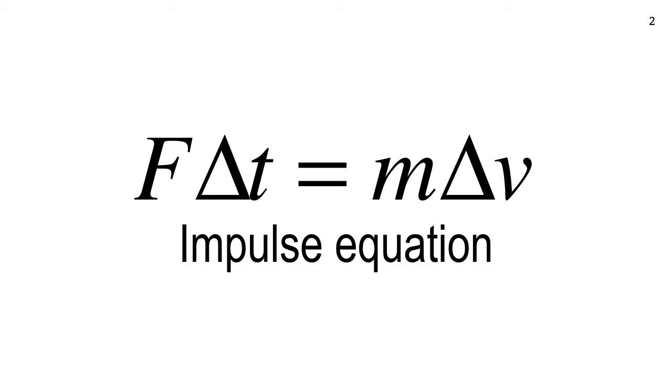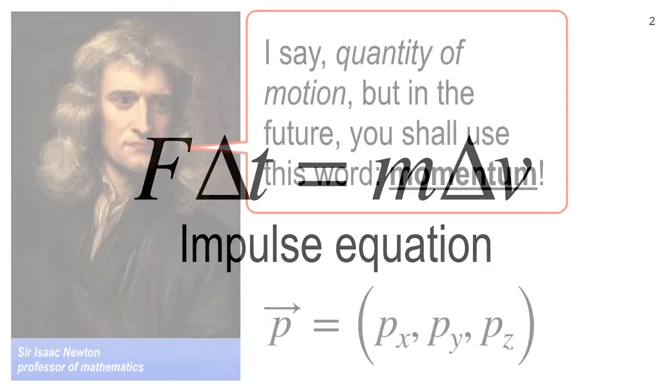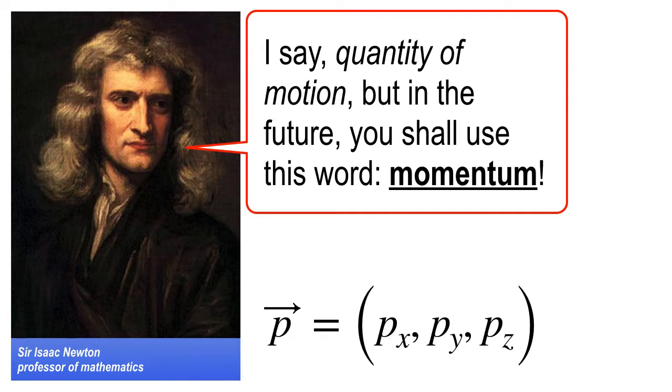This is an important concept because this is what Sir Isaac Newton was talking about with his three laws of motion. He used the term quantity of motion in the very first page of his book, The Principia. But nowadays we use the term momentum for that concept.